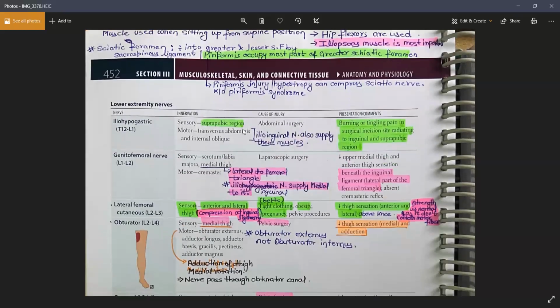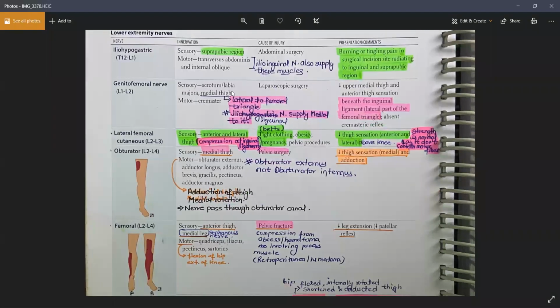Then you also have the ilioinguinal nerve. Along with the iliohypogastric nerve, this ilioinguinal nerve also supplies the transversus abdominis and the internal oblique. Okay, so both the ilioinguinal nerve as well as the iliohypogastric nerve supply these muscles together, right? Then you have the genitofemoral nerve.